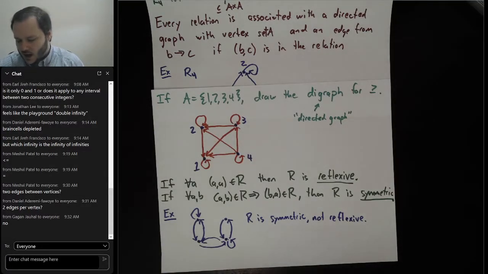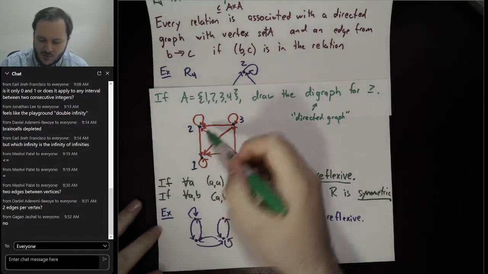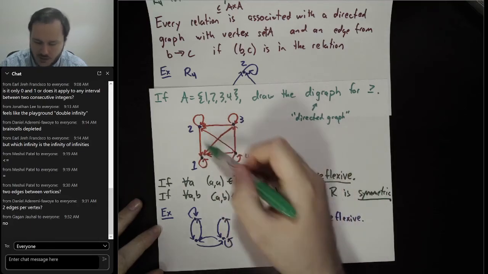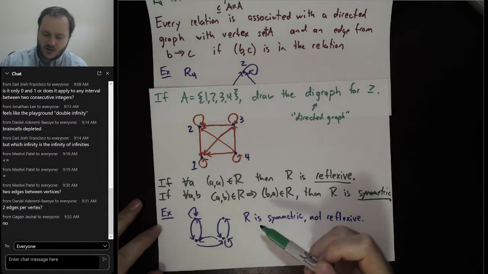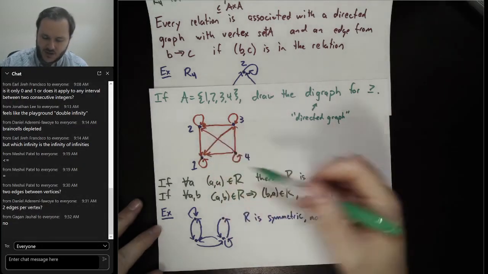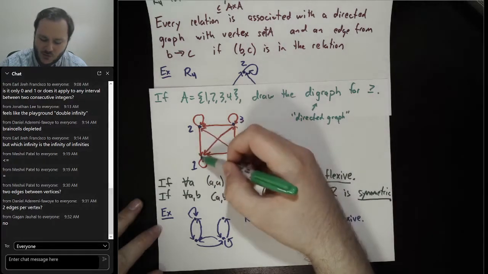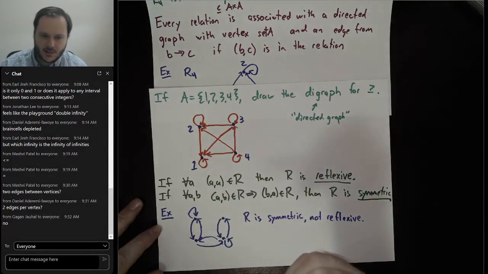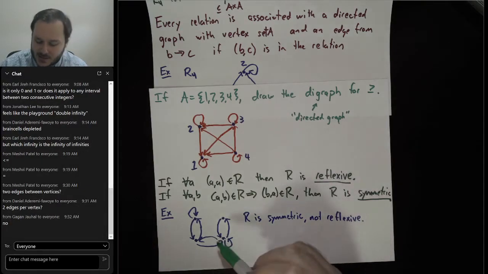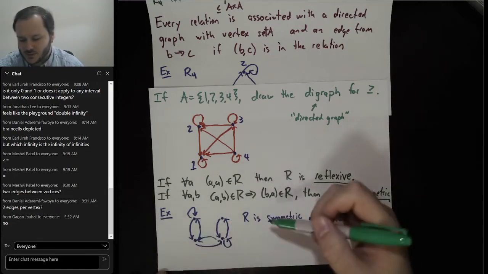Not quite the opposite of symmetric, but if we look at this relation, it's very not symmetric. There are no edges that go both ways. 2 points to 1, and 1 does not point back. It's possible that sometimes you have arrows in both directions, and sometimes you don't.